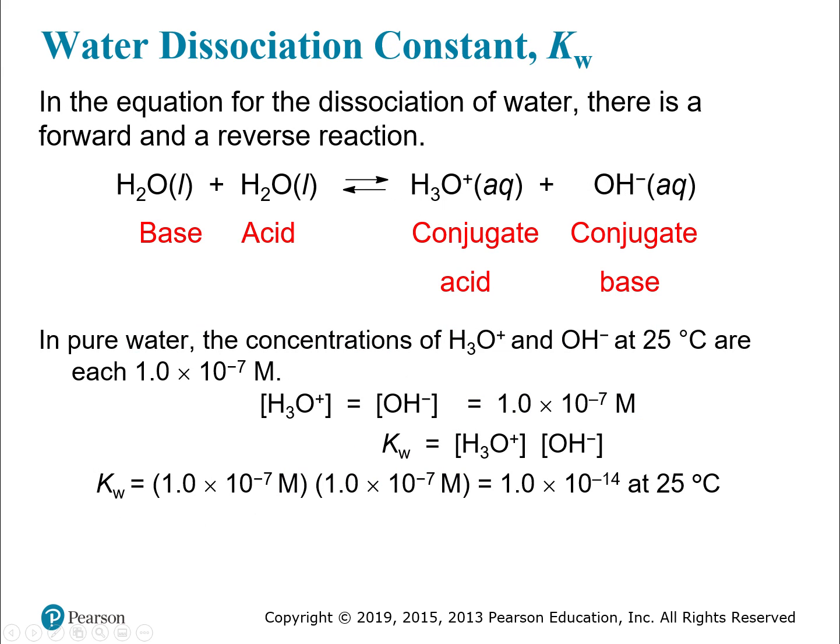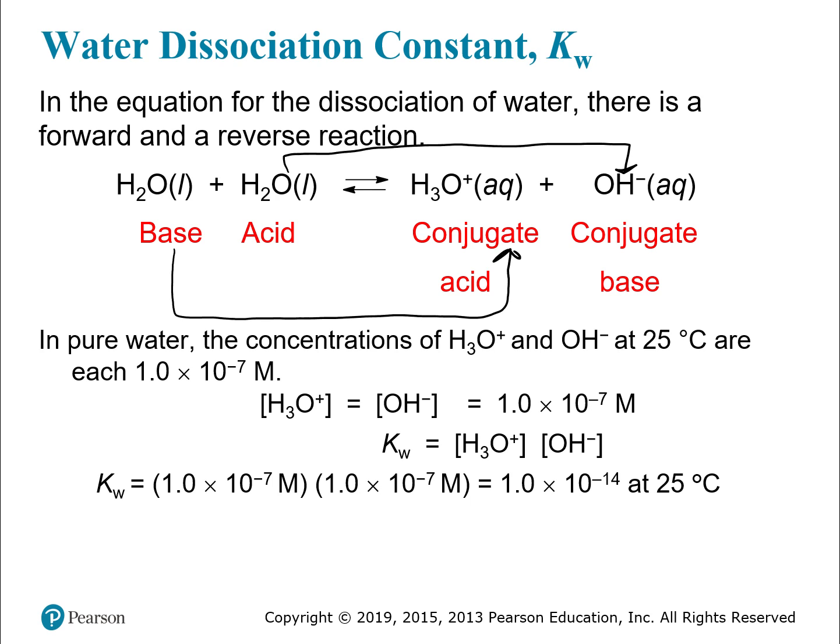Again, we have this relationship written out here where we've got 2 water molecules. One acts as a base, one acts as an acid. The base will accept a hydrogen to become a conjugate acid, the hydronium ion. The water molecule that acts as an acid will give up one of its hydrogens to become a conjugate base.